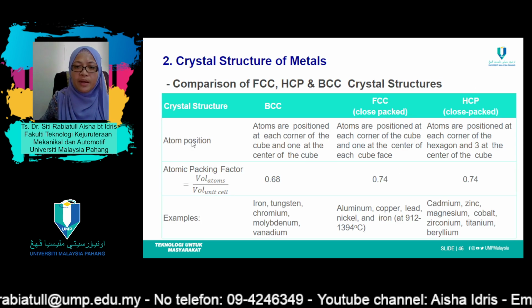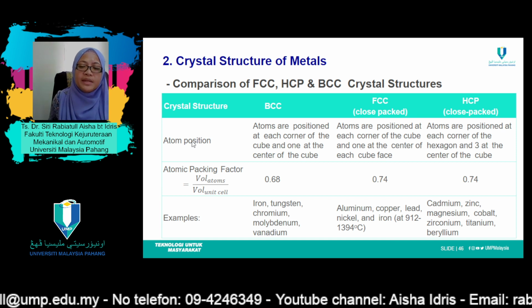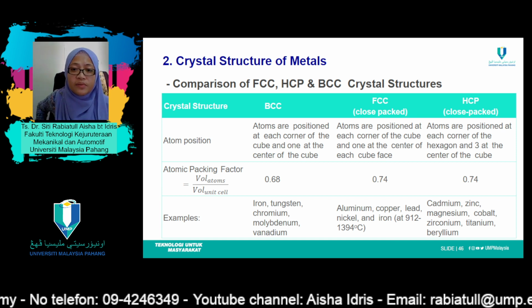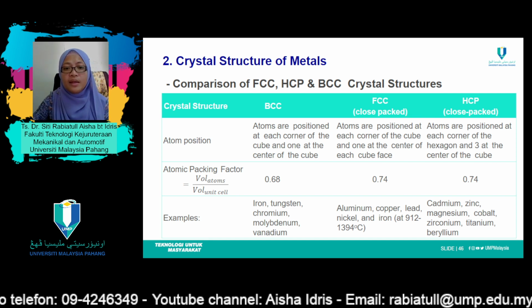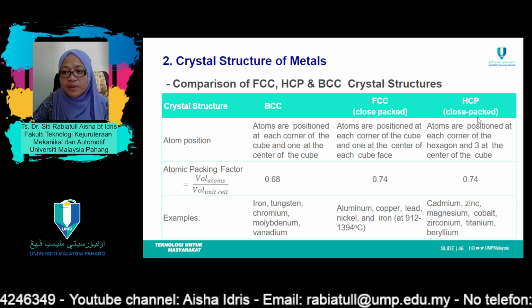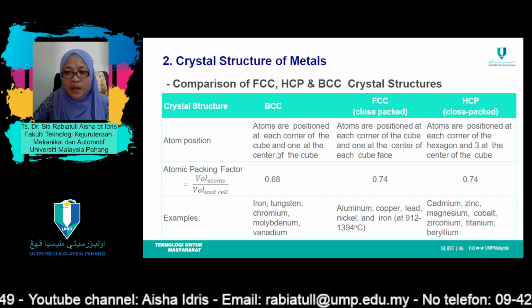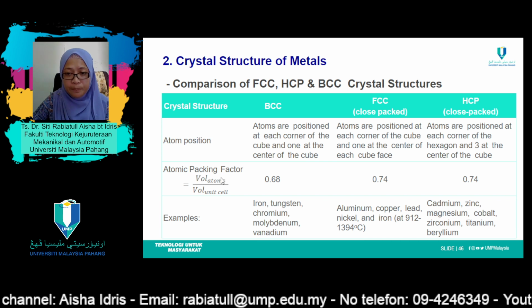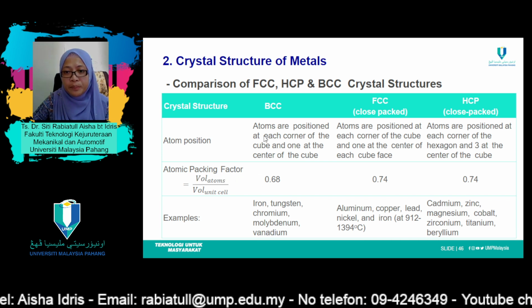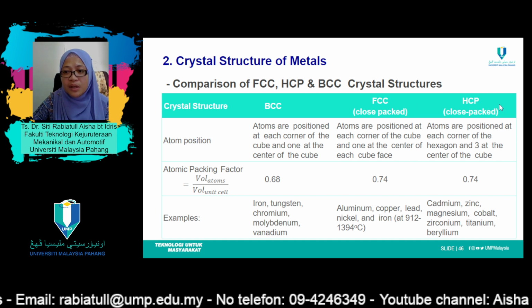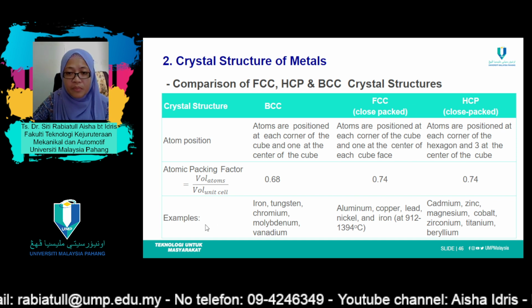Okay, in summary, the comparison for FCC, HCP, and BCC crystal structures is stated as follows. You can see the atomic position for BCC, FCC, and HCP are slightly different. And then for the APF, BCC is different, but FCC and HCP are the same.